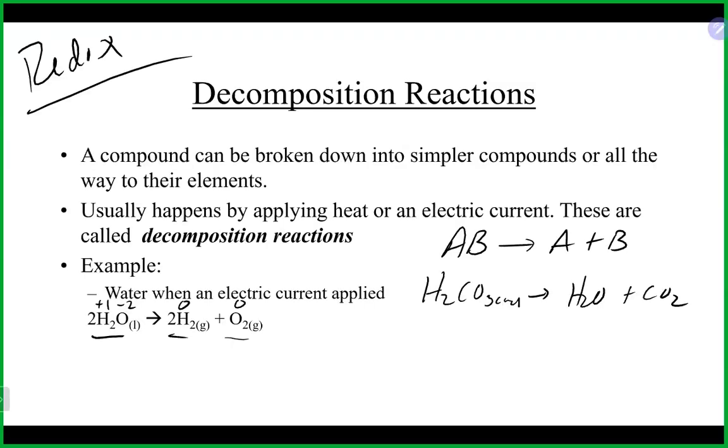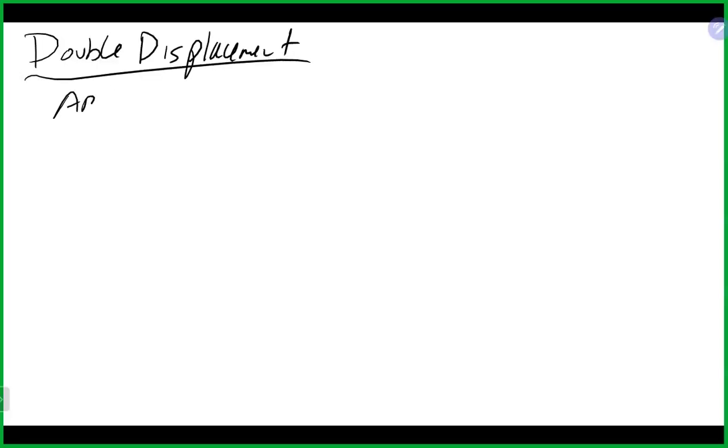So just to summarize what we were talking about in terms of classification of reactions, we have our double displacement umbrella of reactions, our AB plus CD.